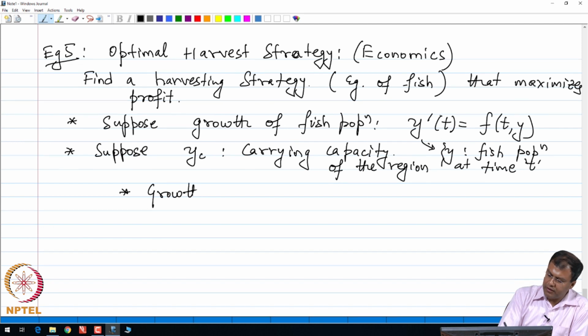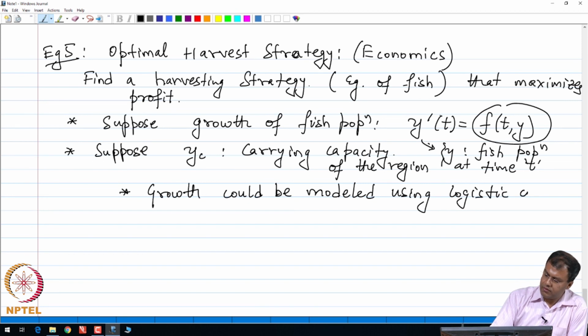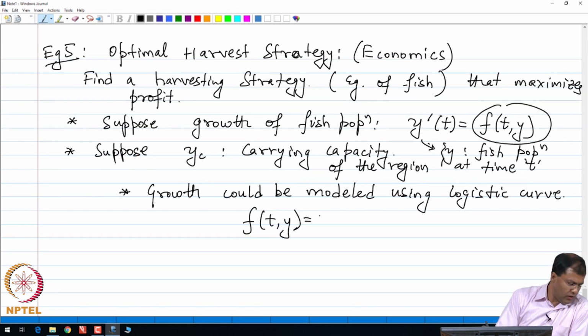which means that I am going to model the growth of the fish, which is I am going to denote the right hand side of this ODE given here by the logistic curve. So, the growth could be modeled using the logistic curve. Okay. So, which means that my right hand side of my ODE will be of the following form.